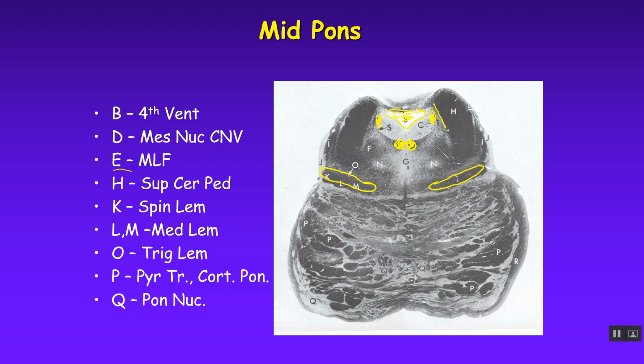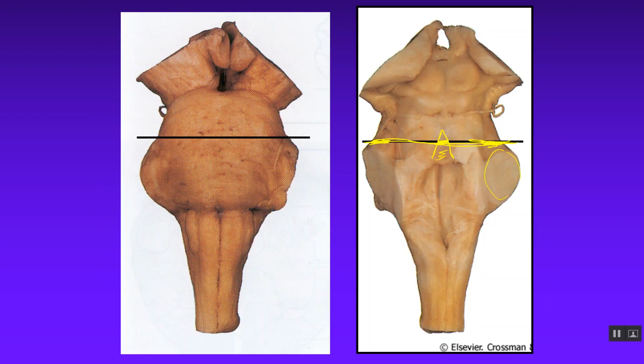H, this is the superior cerebellar peduncle region. So going back here, this is kind of superior. You're seeing this cross section right up here. This little region, even out into this region, is kind of the superior cerebellar peduncle region.